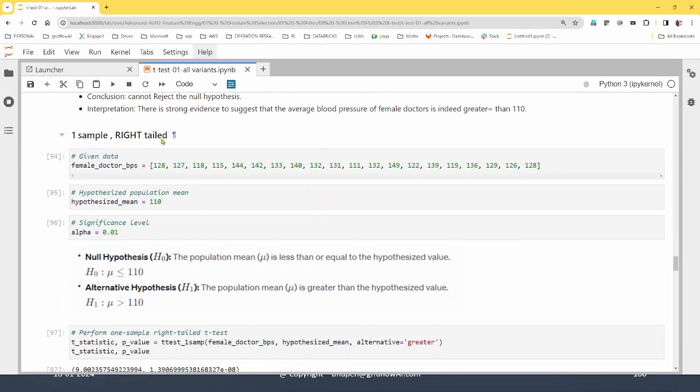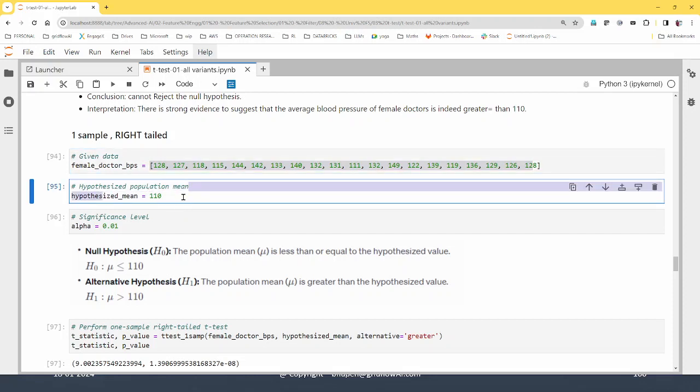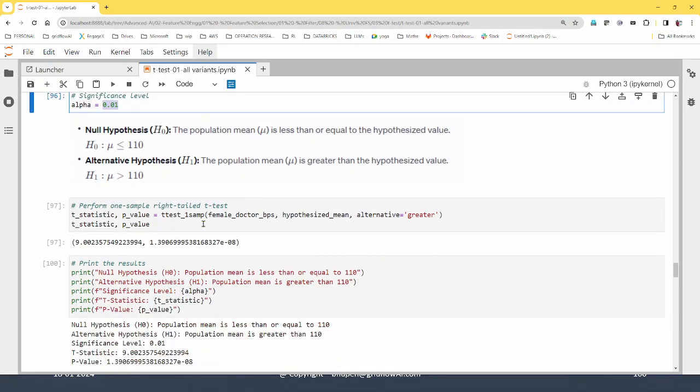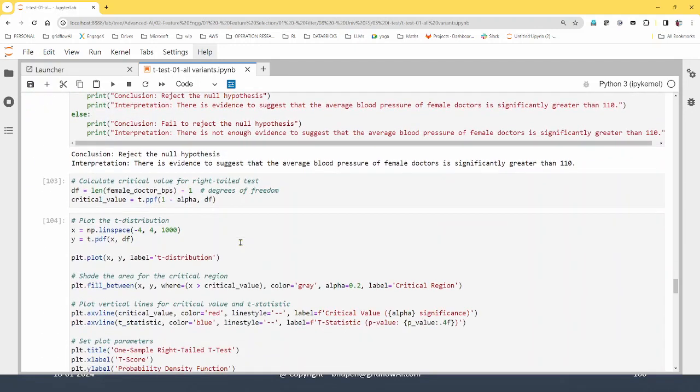Similarly, one sample right-tailed, same data set here, and the hypothesized mean is 110, and here is the significance level. You can change it to 0.01 or any other. And now notice here I'm saying alternative is greater. Greater means right-tailed. And what's the value? Very, very small value, much lower than 0.05. So we reject the null hypothesis.